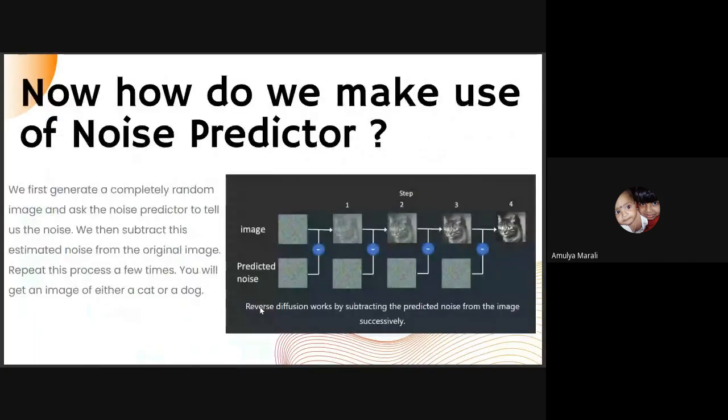So now coming to how the noise prediction is actually done. If you see this image, it's a very wonderful, easy to understand depiction of noise prediction. So this is the image that you generated from the forward diffusion process, which is nothing but noise.